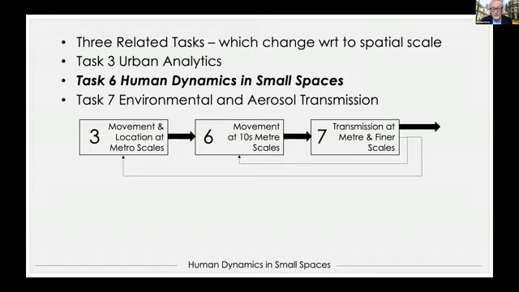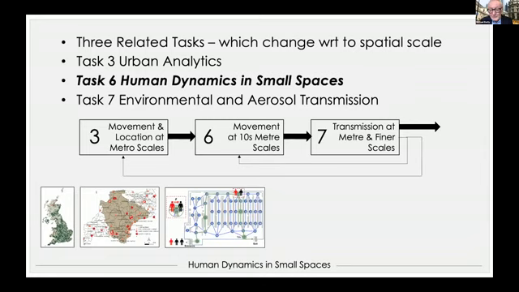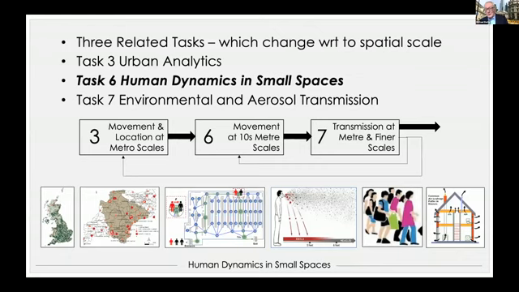To summarize, this is what Gavin talked about this morning, the model for Devon. Frank and Glenn talked about similar sorts of models. What we're kicking off with this afternoon is down at the level of supermarkets. And then in terms of aerosol transmission, all of the work that Paul and Chris have been doing relates to that.